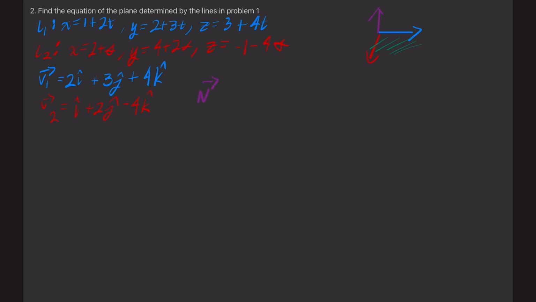So now we want to find the normal vector. To do that, we're going to create a little matrix determinant, and we're going to have i, j, and k. These are the unit vectors again. And then we're going to have the first vector, 2i plus 3j plus 4k, and vector 2, 1, 2, and negative 4.